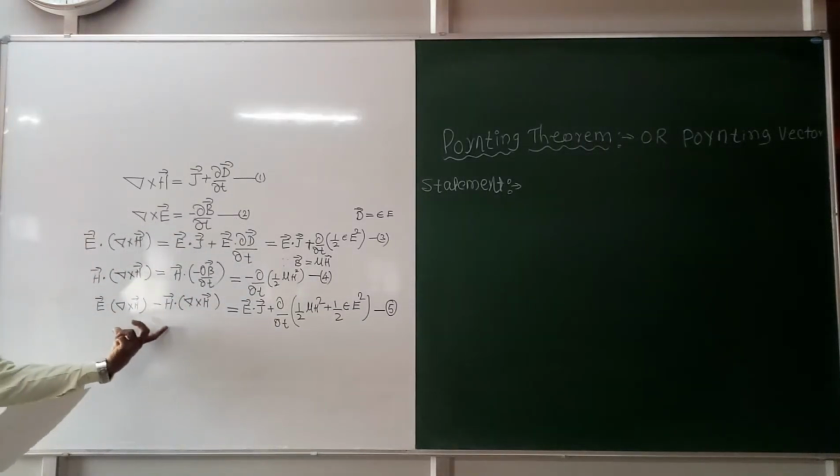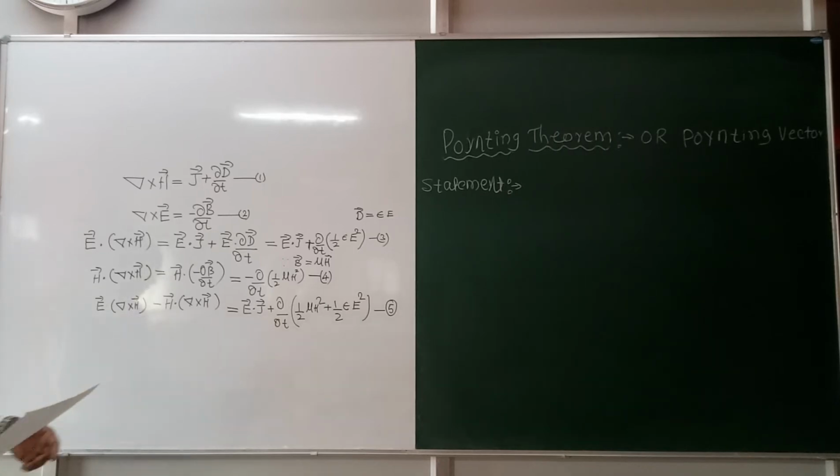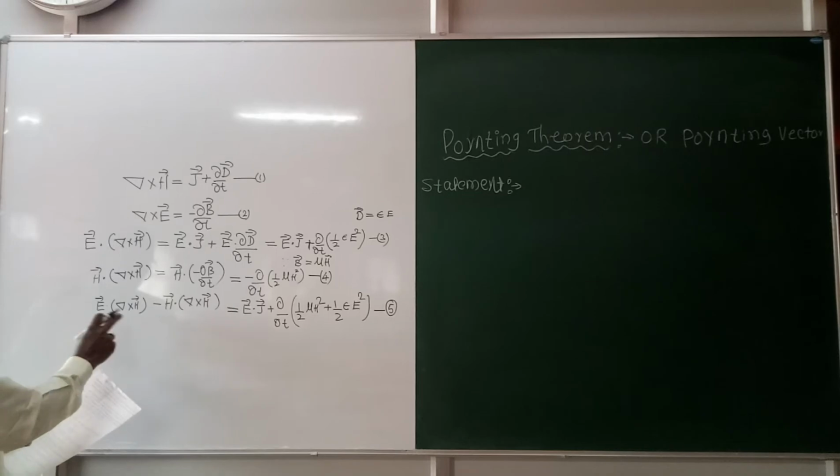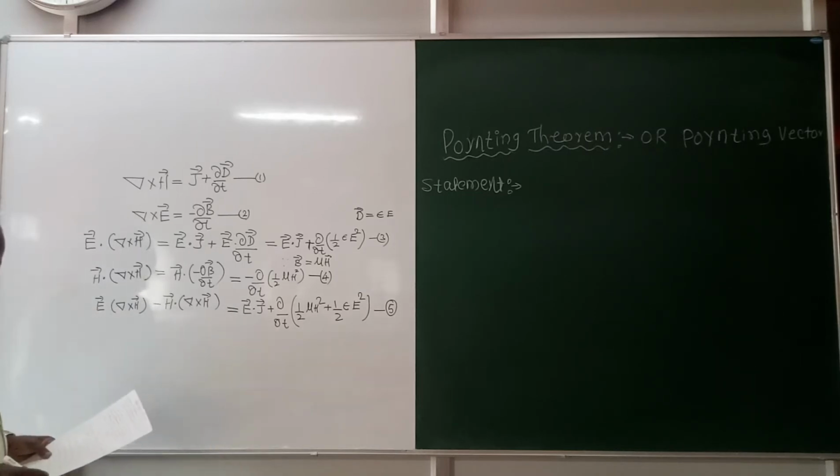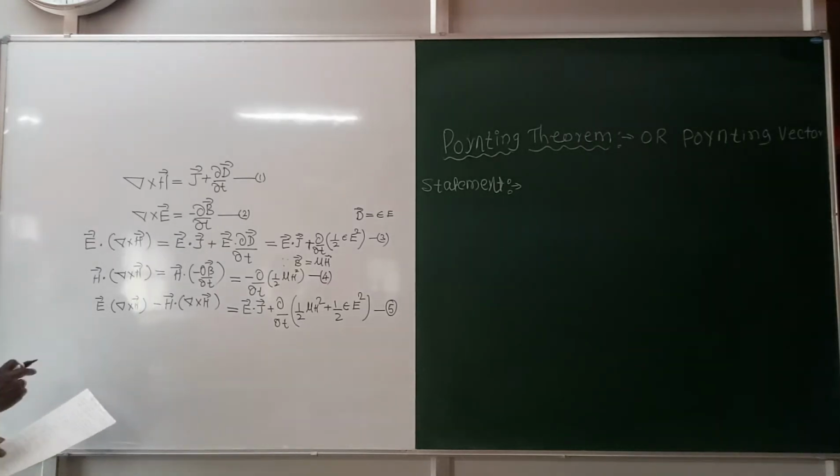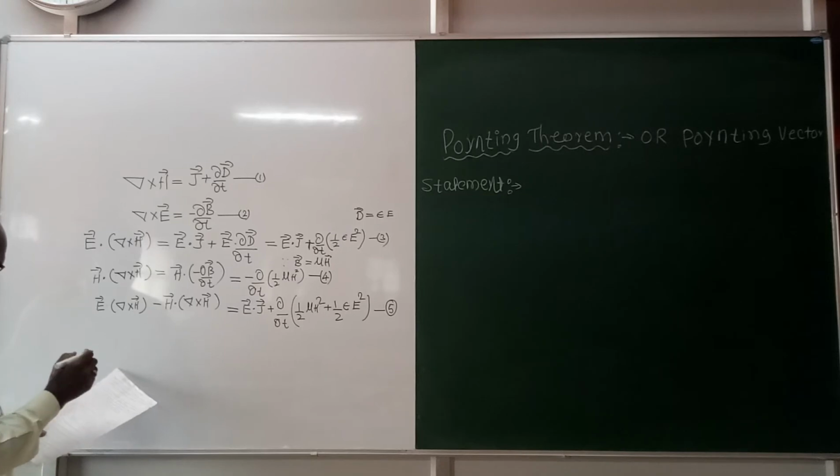Now we are dealing with this quantity, that is the LHS. From vector identities we can show that dot and cross products are interchangeable.